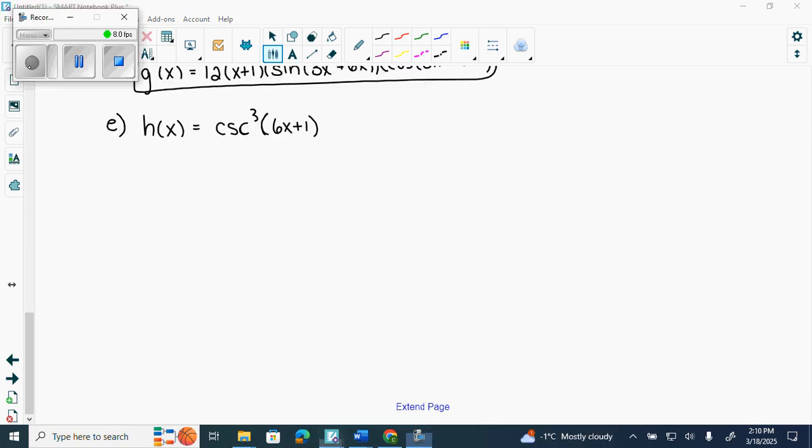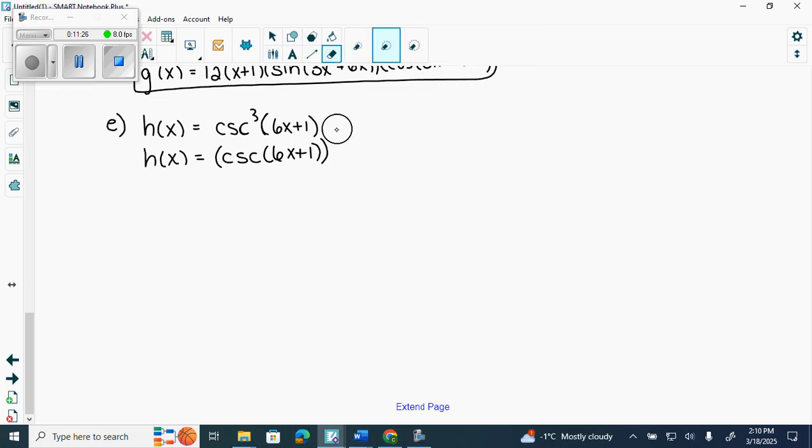Okay, try that one. So, the first thing we want to do is rewrite it so that it is cosecant 6x plus 1. Quiet, please. Squared. And by squared, I mean cubed. I don't know why I said squared.